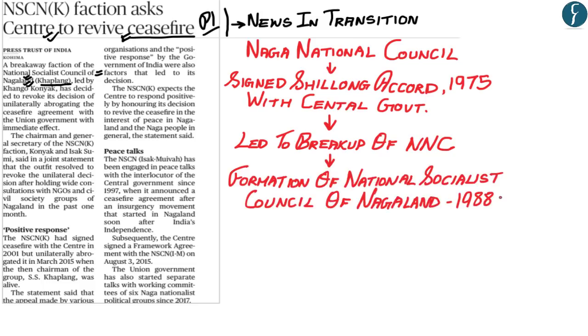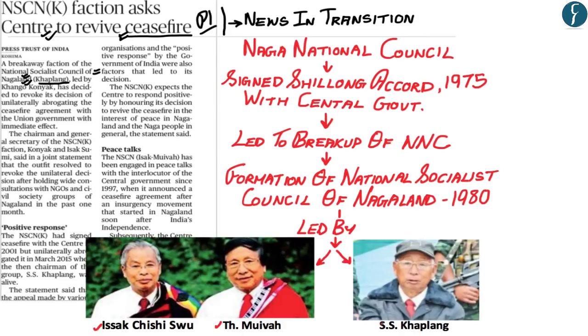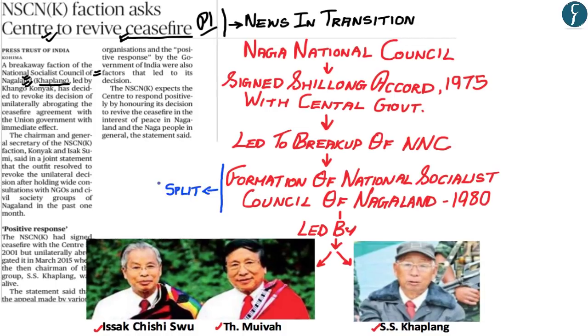Now this National Socialist Council of Nagaland became the main insurgency group in Nagaland in the 1990s. And the formation of this group was led by three people. Now these three individuals led to the formation of the National Socialist Council of Nagaland in 1980. However, in 1988, the National Socialist Council of Nagaland again broke up and split into two factions.